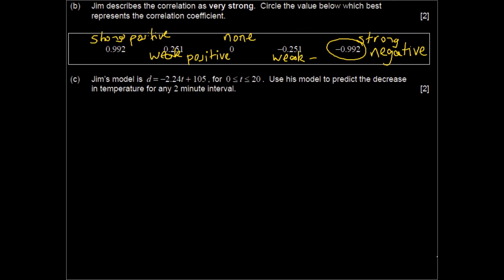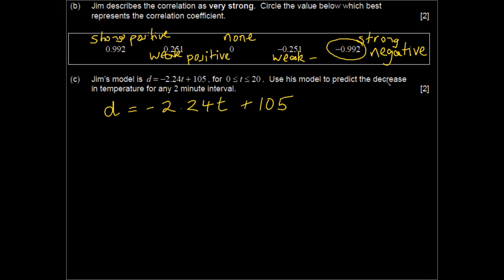Let's scroll down here. Part C says Jim's model is D is equal to minus 2.24t plus 105 for t between 0 and 20. Use this model to predict the decrease in temperature for any 2-minute interval. So we have the equation D is equal to negative 2.24t plus 105.